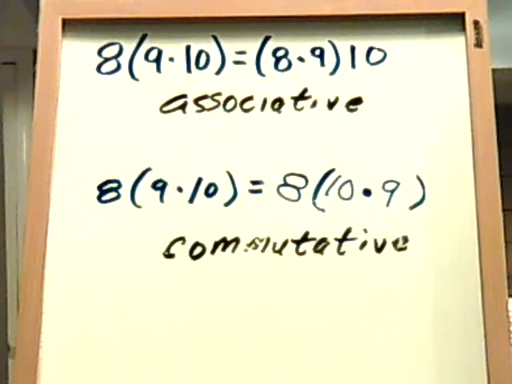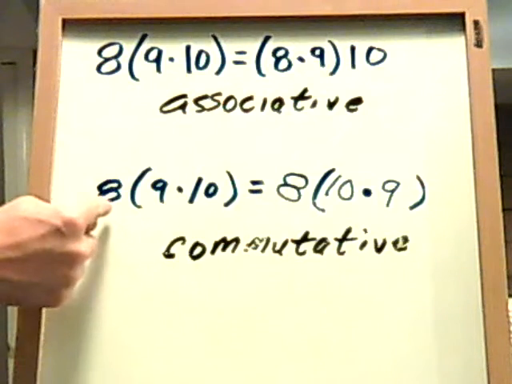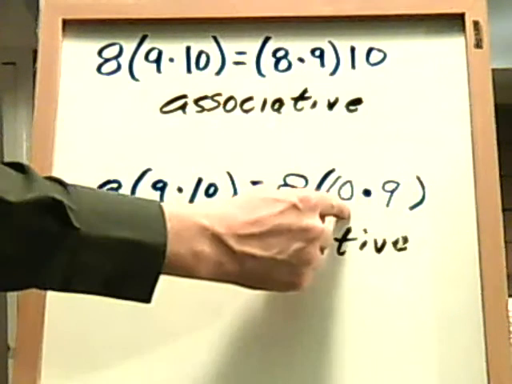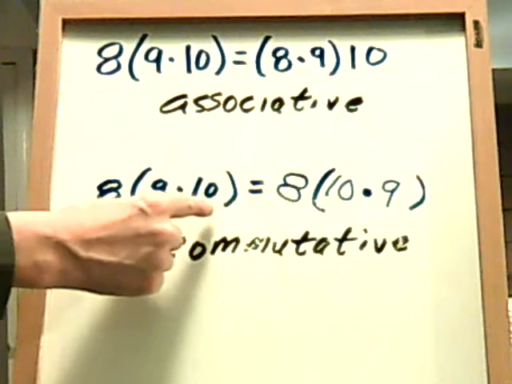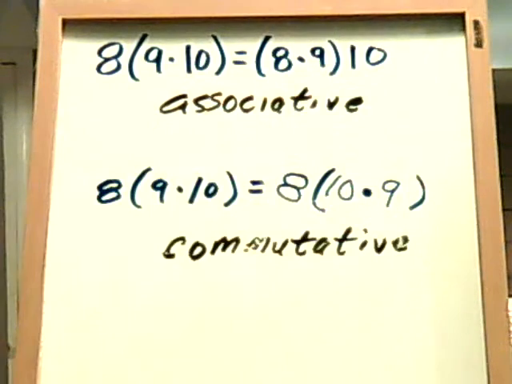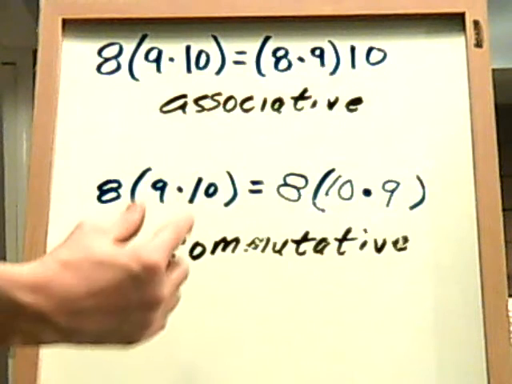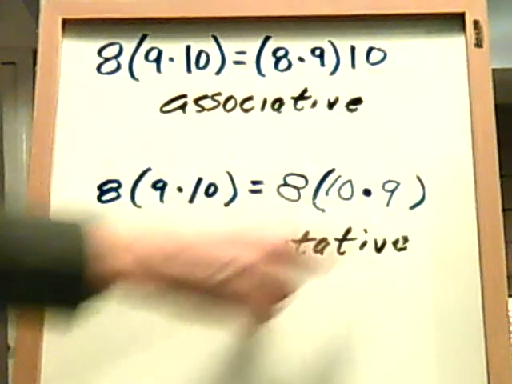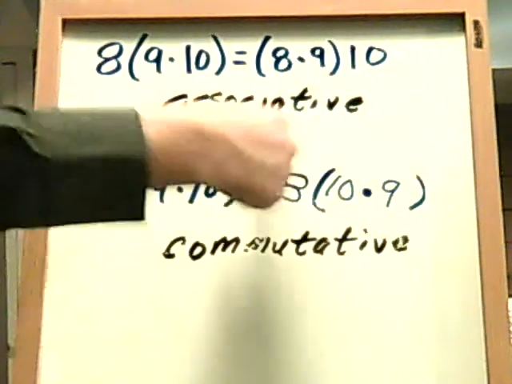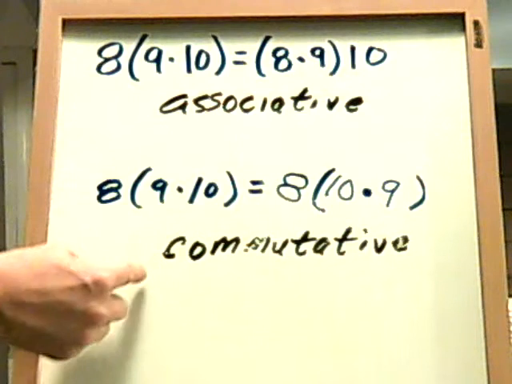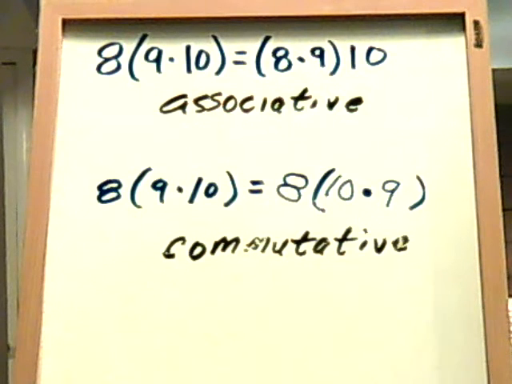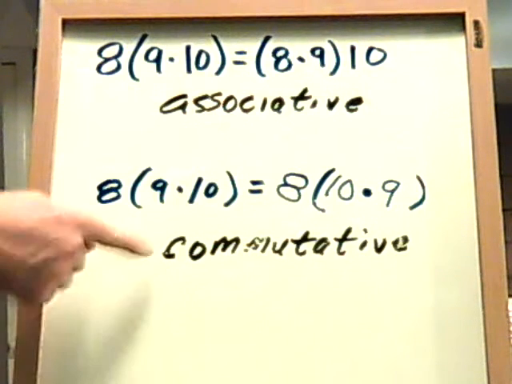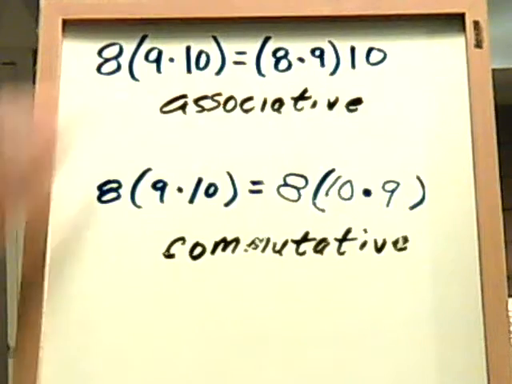Okay, so the only thing that's changed here, it's the same numbers, 8, 9, 10. Even the groups are the same. Here we have 9 and 10, 10 and 9. It's the same two numbers, but what has changed is the order. Instead of doing 9 times 10, we did 10 times 9. So it's the same set, but something has moved. That's where you get the word commutative, which means to move things. So basically, it's order versus groups.